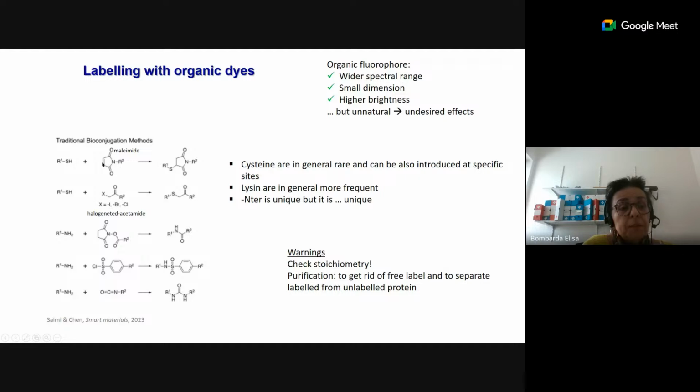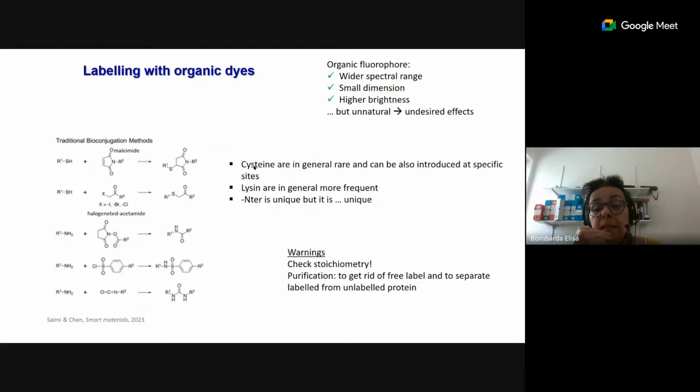interacts specifically with the thiol group, and the thiol group exists in proteins because it is the side chain of cysteine. So cysteine is in fact a good labeling target in the protein. The advantage of cysteine is also that it is rare, so you can label a specific part.